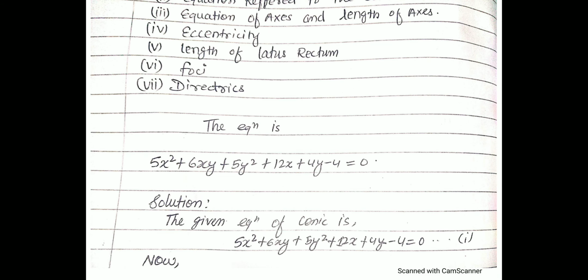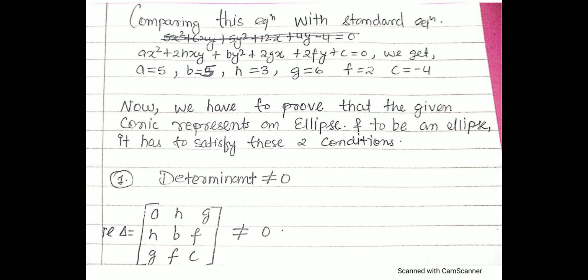Let's call it equation 1. Now comparing this equation with the standard equation ax² + 2hxy + by² + 2gx + 2fy + c = 0, we get a = 5, b = 5, h = 3, g = 6, f = 2, and c = -4.